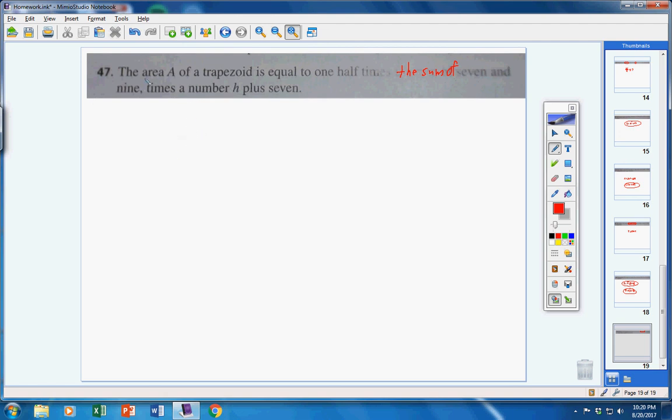Okay, here we go. The area A of a trapezoid, so A is equal to, what is it equal to? 1/2 times a sum. Got it? So 1/2 times what? The sum of 7 and 9. Now I put a plus sign here because it says 1/2 times the what? The sum.